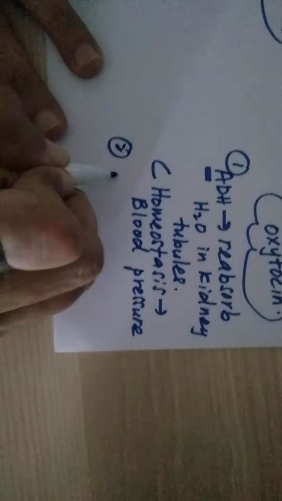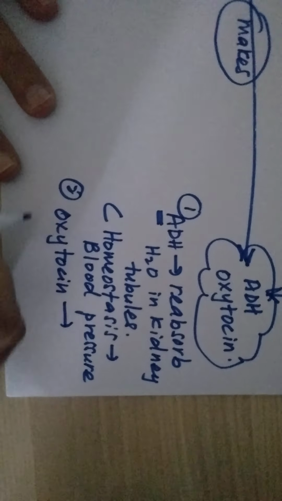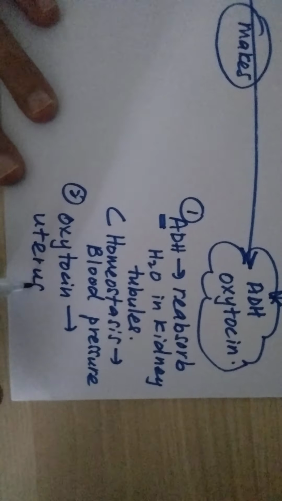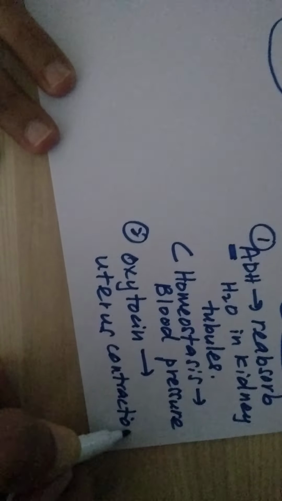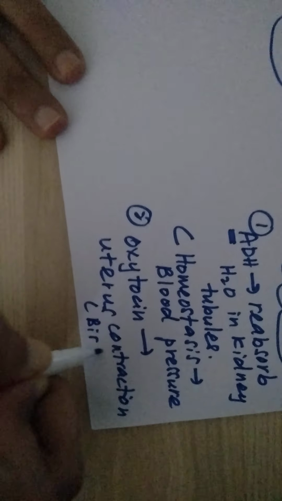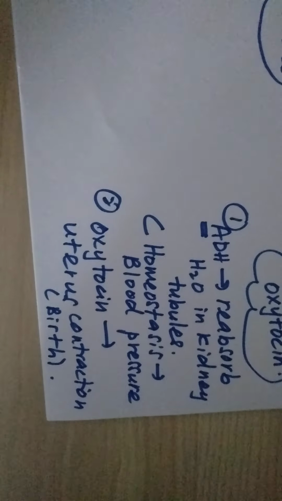Now, oxytocin, you just have to know, helps in uterus contraction during birth. Alright, now let's go to the anterior pituitary.